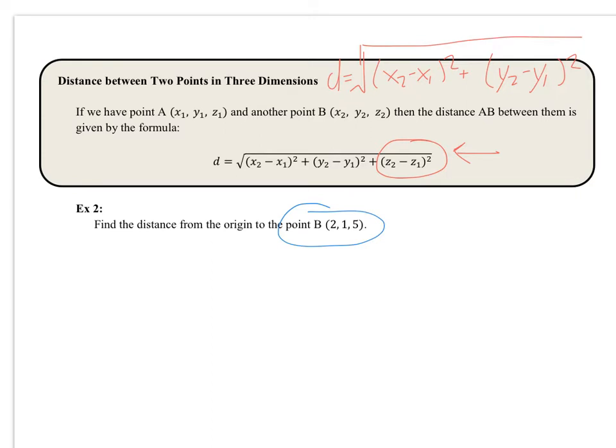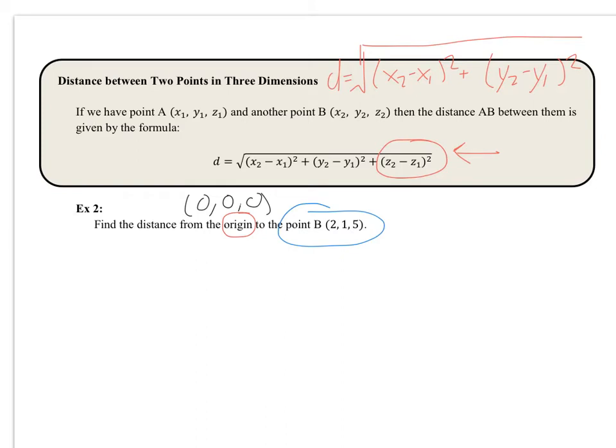The second point we need to look at is the origin, which, remember, is at 0, 0 in the 2-dimensional coordinate system, but since we're working in the 3-dimensional coordinate system, the origin is simply 0, 0, 0. So now it tells us to find the distance between those 2 points.